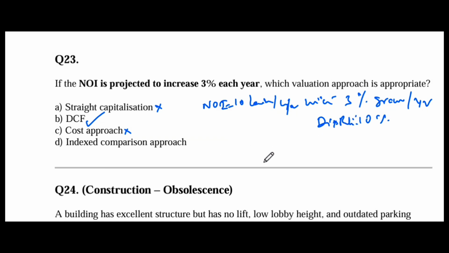So how to calculate right now? So year 1 we get 10.3 lakhs, right?